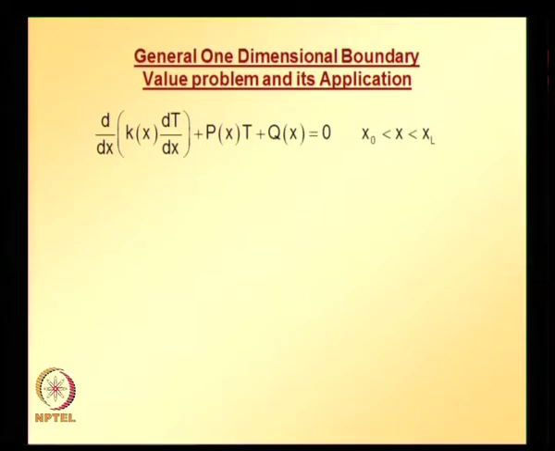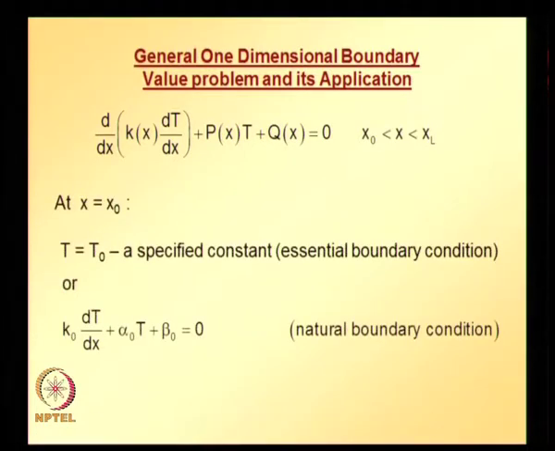This is an equation representing the general one dimensional boundary value problem, and the domain is also indicated there. X is going from x0 to xl, and these are the boundary conditions at x is equal to x0, where T is the field variable here.